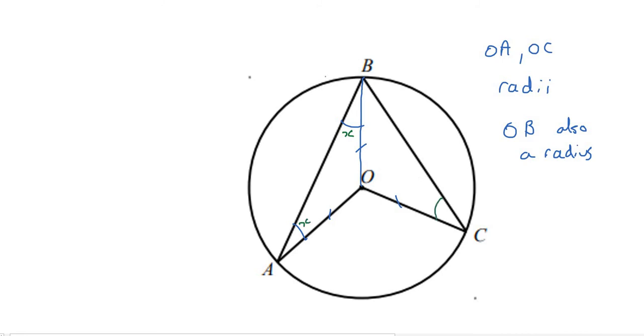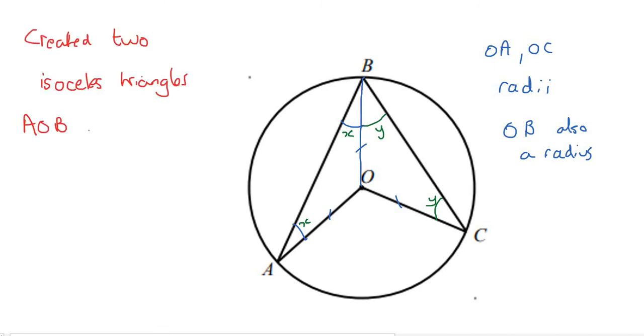And this angle here and this angle here are also the same. Let's call these y. So we've created 2 isosceles triangles, AOB and BOC.